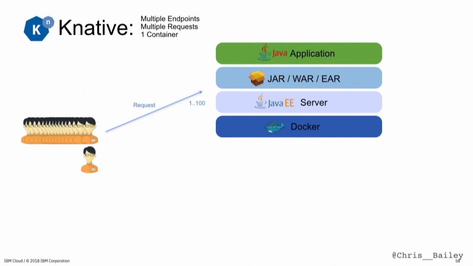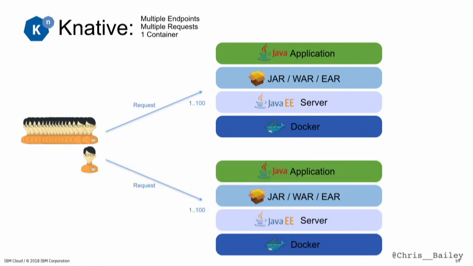When I have 101 users, I do have to start a second container. But all the way up to 200 users, I still only need to have 2 containers deployed. So what Knative will do for you is it will add containers according to usage, the amount of concurrent users. And if you have no users, it just removes all of the containers. So it scales out on request and scales down to 0 when there's no requests.